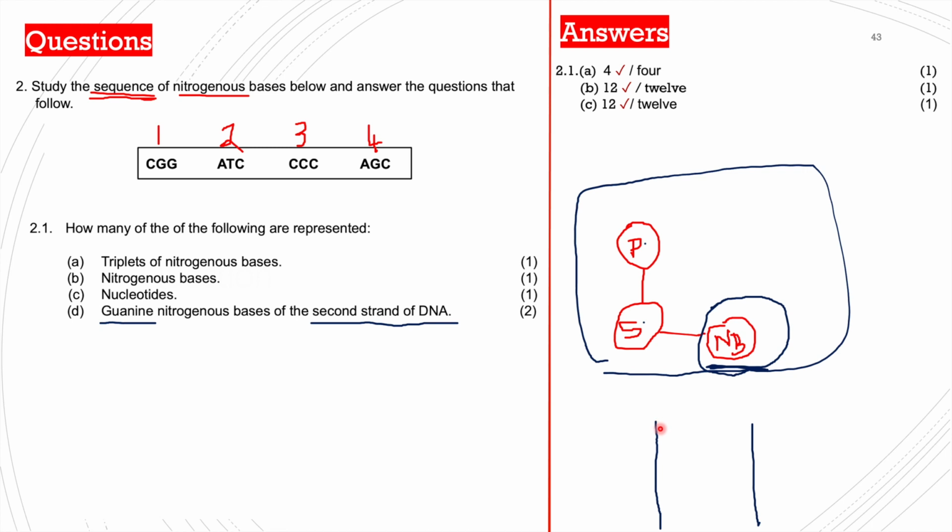We are on one strand, we are given 12 nitrogenous bases. And then the question is asking, how many guanines would we have in the second strand of DNA? Remember our analogy.